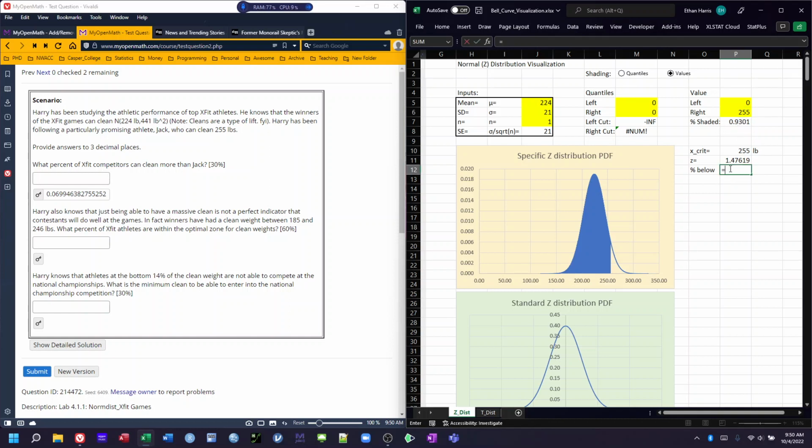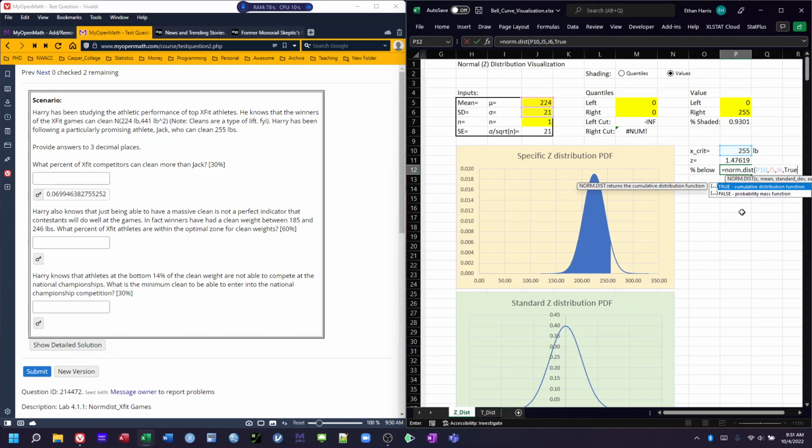The equation I would do would be norm dot dist, and I'd do the x, the critical point, here we go, the mean, standard deviation, and then it's asking if I want the cumulative function or the probability mass function. For our continuous variables, we almost always want the cumulative distribution.